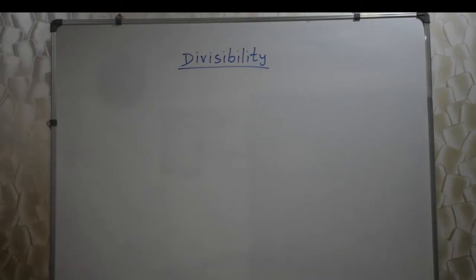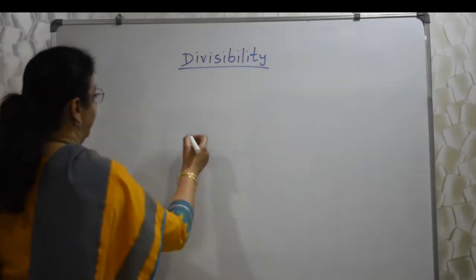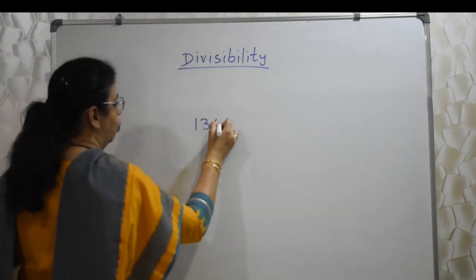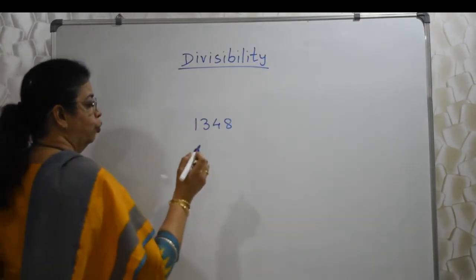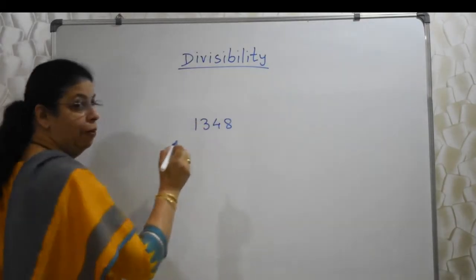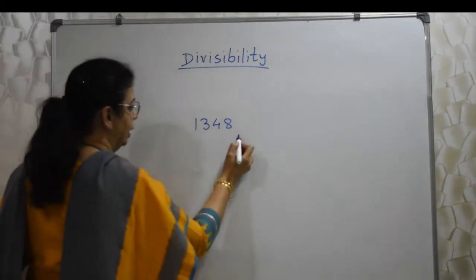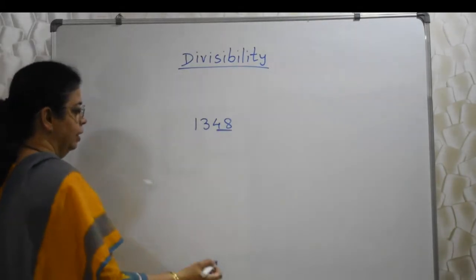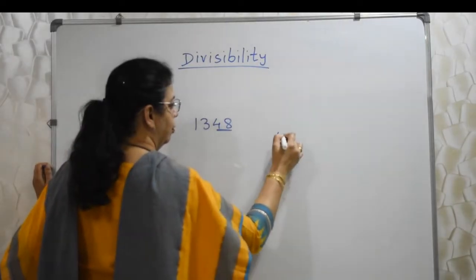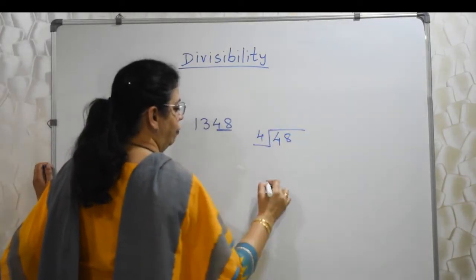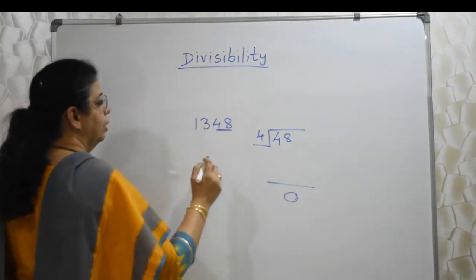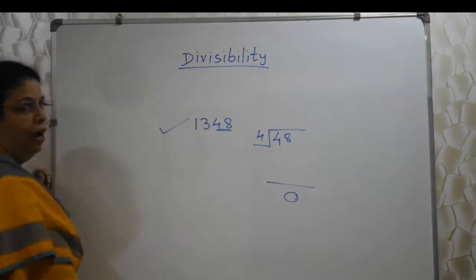See students, if I give you 1, 3, 4, 8, to find out whether this number is divisible by 4, I need not take the entire number. Take only this 48 and divide it by 4. If I get remainder 0, then yes, this is divisible by 4.